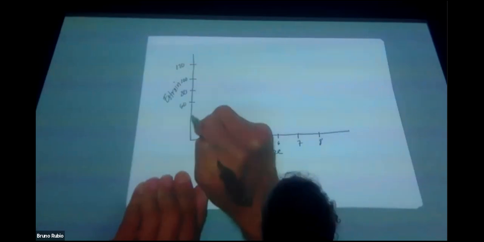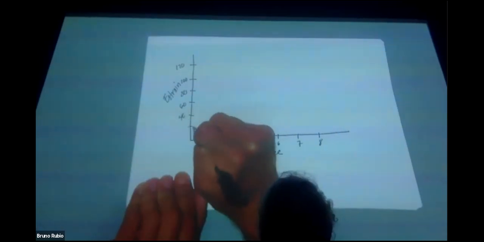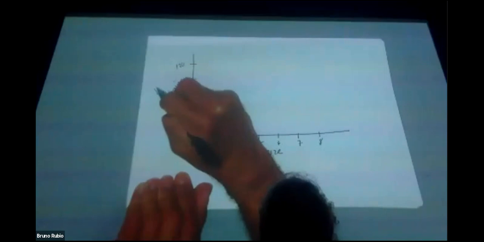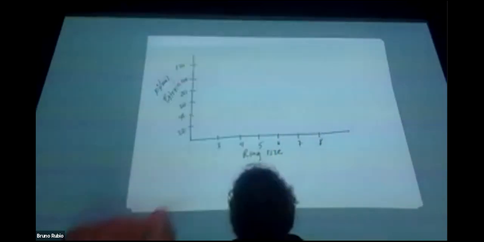And this axis up here, maybe let that be about 120, that's about 110, 80, 60, 40, 20, something like this. And this is in units of kilojoules per mole.